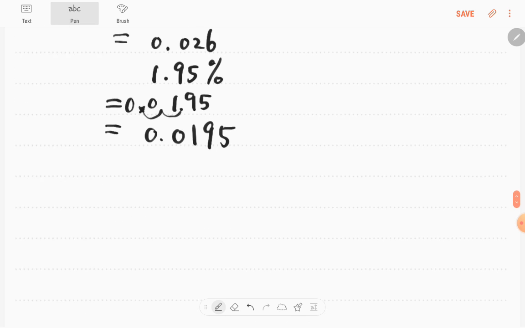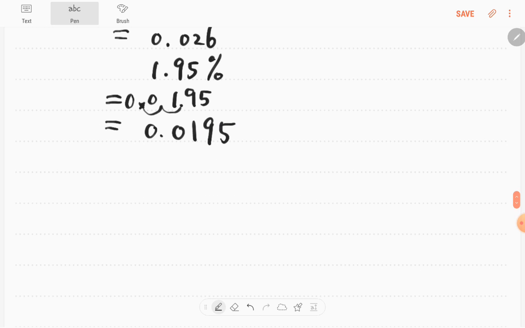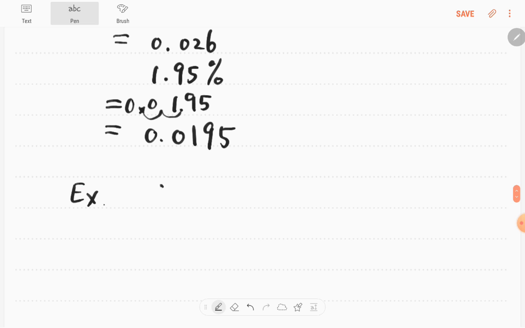Now we try to write the decimal as a percent. We want to change it backward this time, from decimal to percent. Let's see some number. If this one, we write down 0.85.